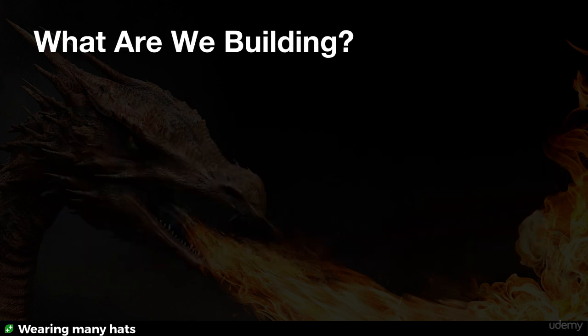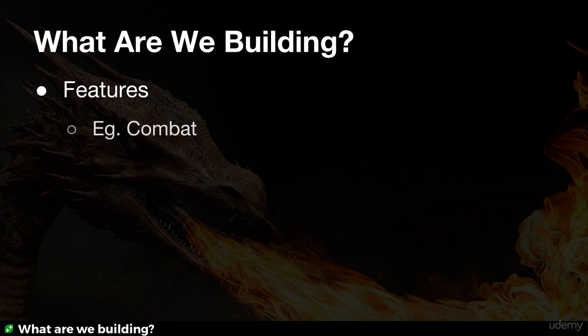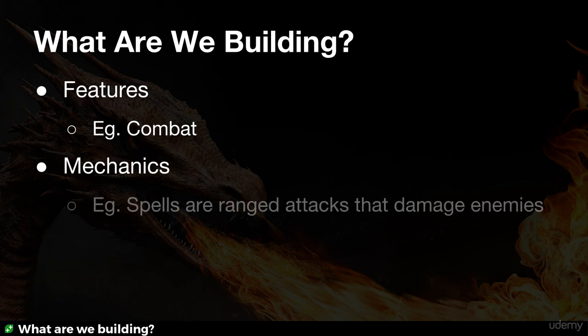And when it comes to the topic of what are you building, there's a bunch of ways to look at it. If we look at it in terms of the highest level, we're looking at features, such as I need combat, or I need inventory, or I need story. And then one level below that, how I see it, is mechanics. And mechanics are things, for example, spells are ranged attacks that damage enemies.